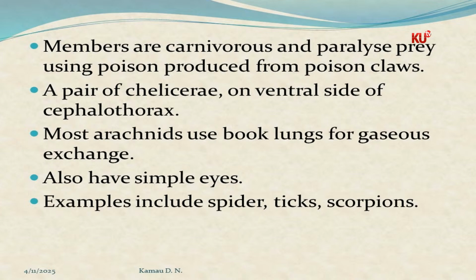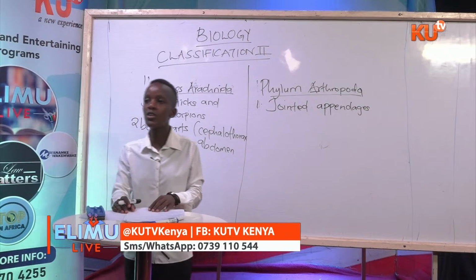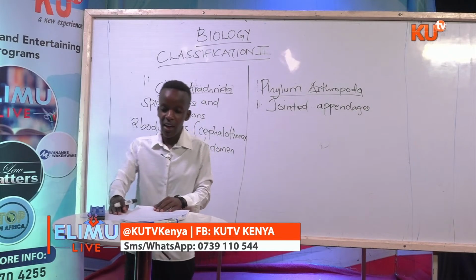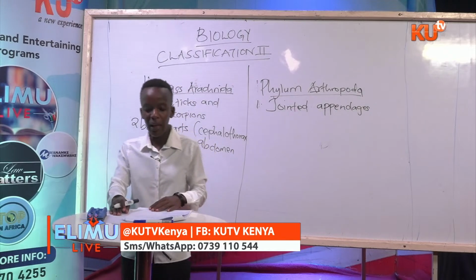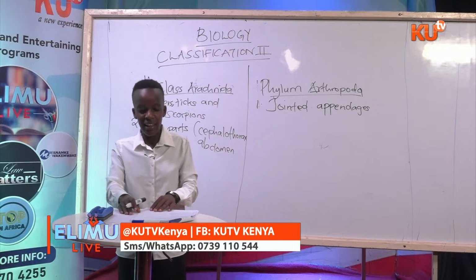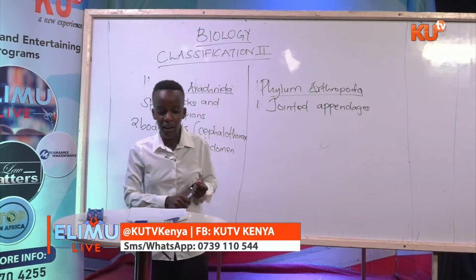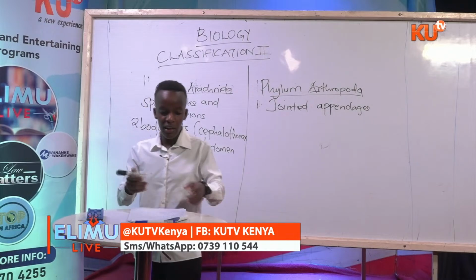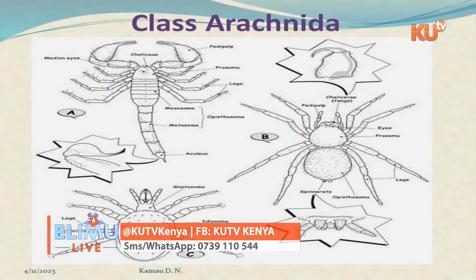They usually paralyze their prey using poison. Some of you might have experienced a scorpion bite or a spider bite. These animals tend to have poison in their claws.